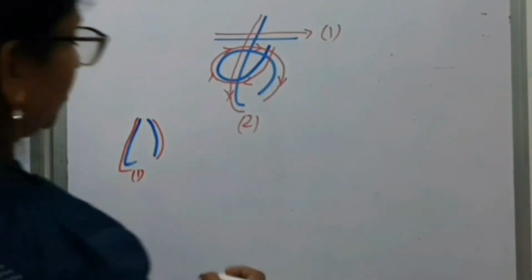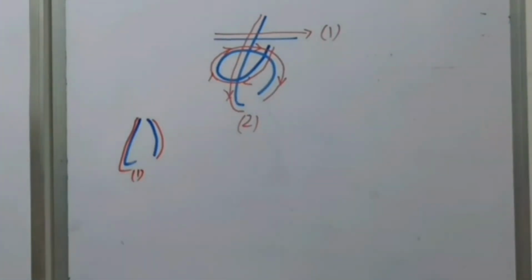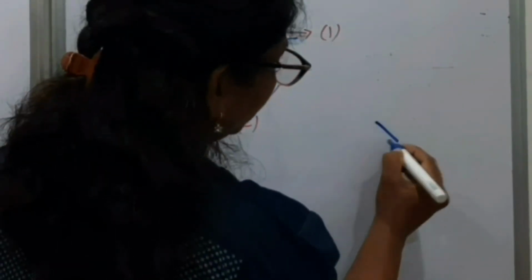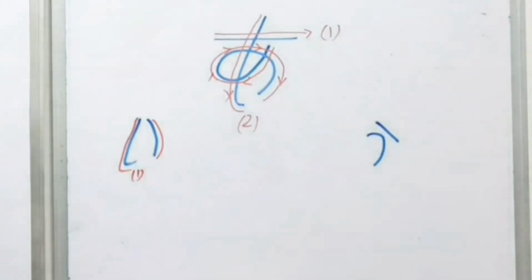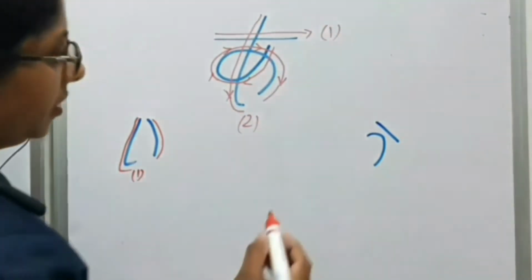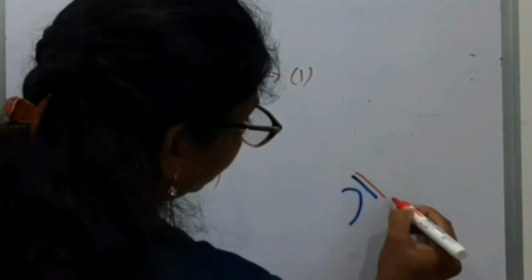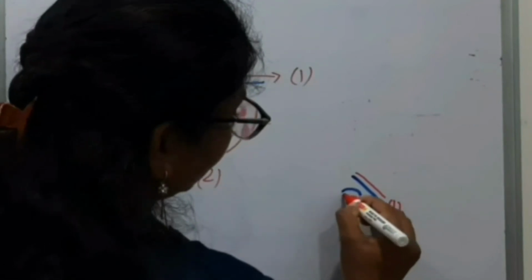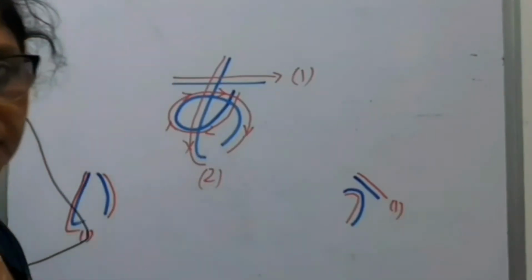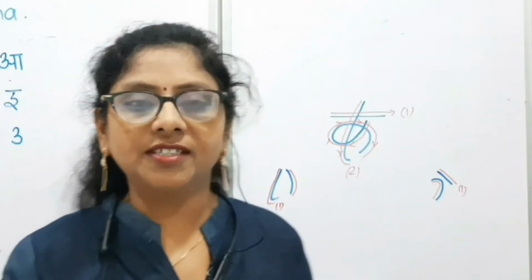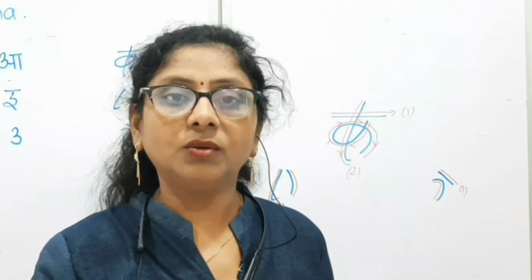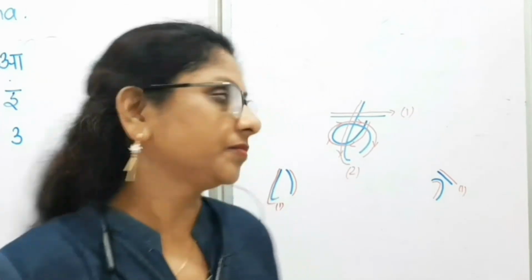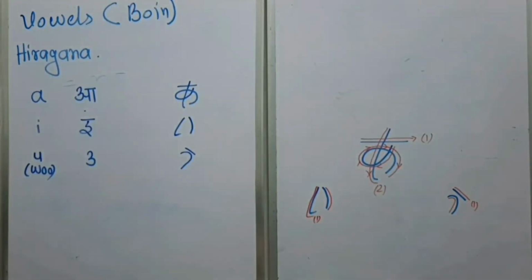So if you want to understand the stroke order, first this short line, this is the first stroke, and then the curve. The pronunciation is U. Now, the fourth one.